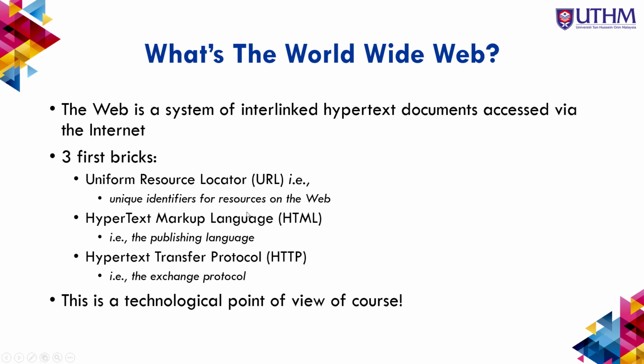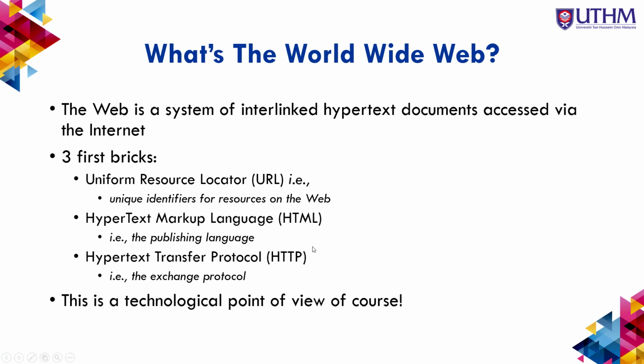And then we have the hypertext markup language that is used for publishing. You see the information or the content inside a web page using HTML for displaying the information, and then it can be transferred with the exchange protocol. We call it hypertext transfer protocol.